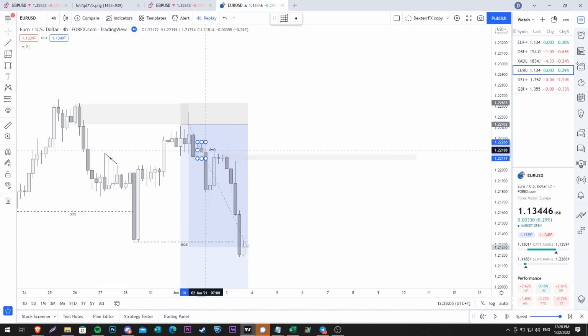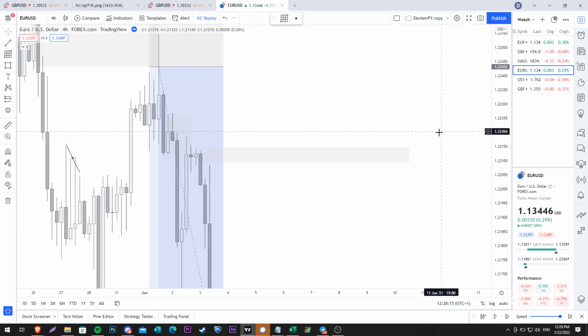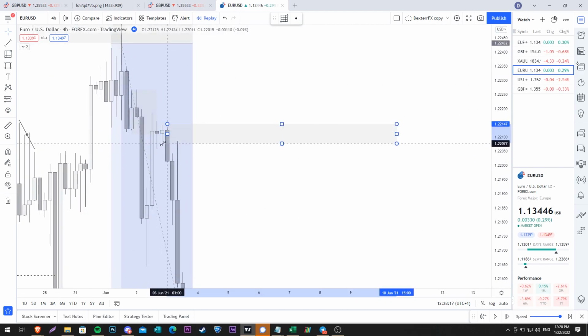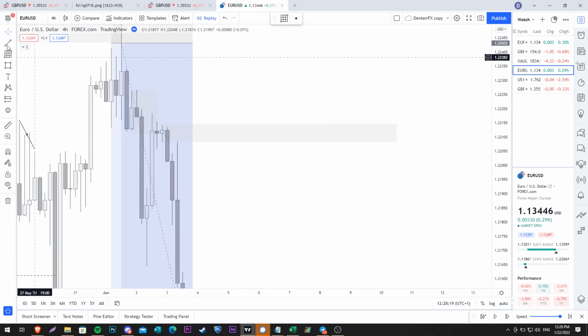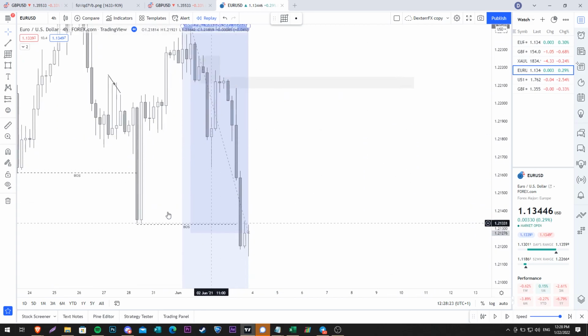Price already mitigated this zone, plus by 50% maybe. So we use this zone because we still have imbalance to fill, and price doesn't get into the 50% of this zone, so price just taps here to continue moving to break the structure.